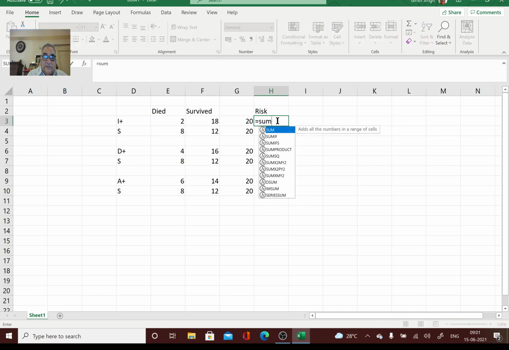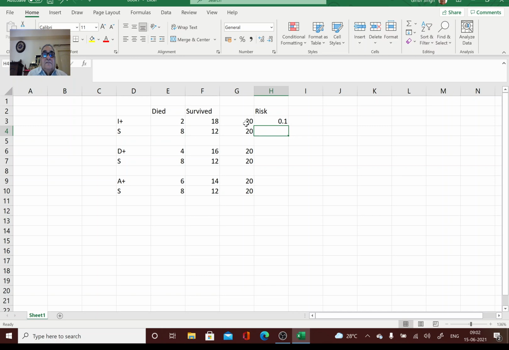Calculated, we say is equal to sum, bracket open, 2 upon 20. And we can copy this, Control C, and paste it here, Control V, to get the risk in this group, then Control V to get the risk in this group, and this group, and this group.